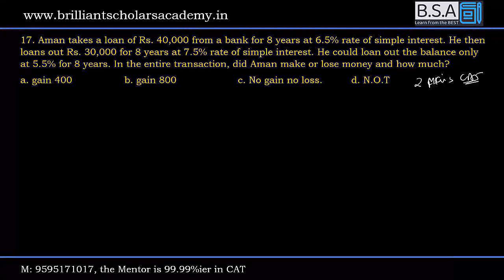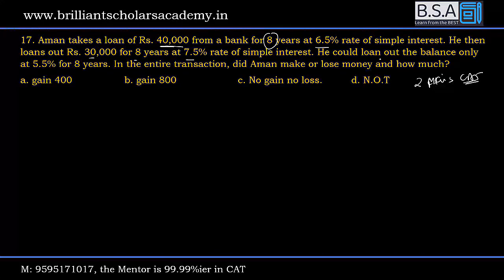Aman takes a loan of rupees 40,000 from a bank for 8 years at 6.5 rate of interest, simple interest. He then loans out rupees 30,000 for 8 years at 7.5%.